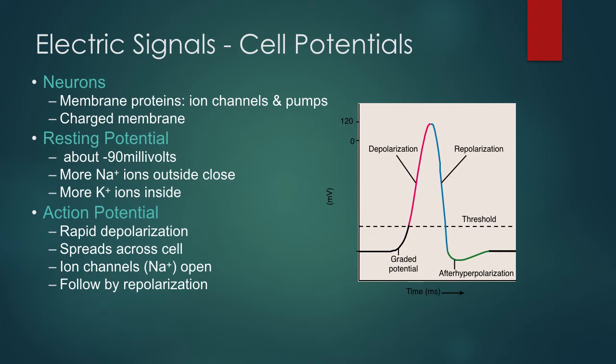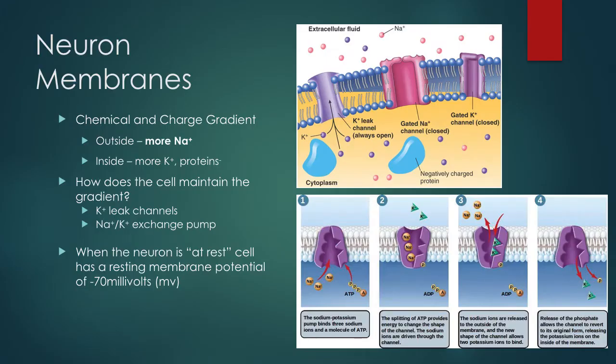It happens in the neighborhood of milliseconds, and then the cell will regain that negative charge by repolarizing. Okay, so neurons have a chemical and charge gradient. There's more sodium outside. Inside the cell, there is more potassium and more negatively charged protein ions. The negatively charged protein ions are trapped there.